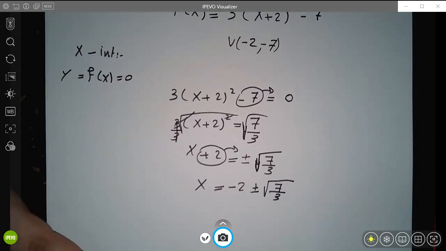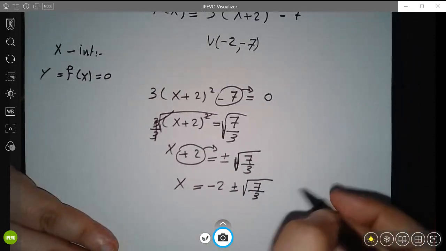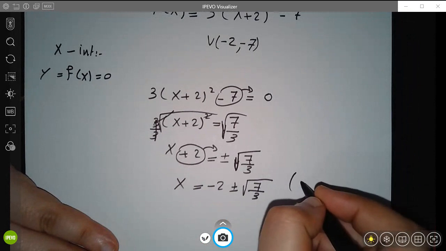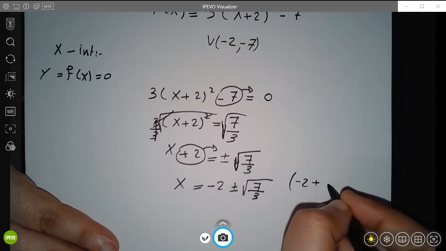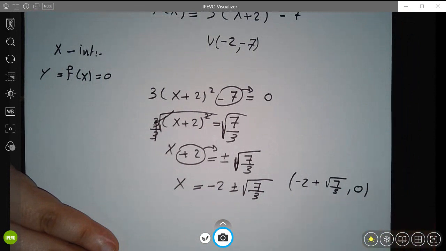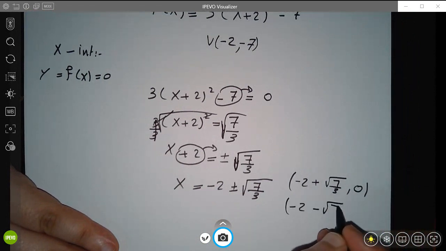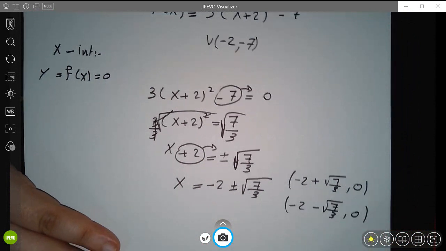That's your answer. So these are the x values. Now again, when I'm asking for the x-intercept, I need you to give it to me in point form. So it looks like this. Either -2 plus root of 7/3 and then 0, or -2 minus root of 7/3 and then the 0 for y.